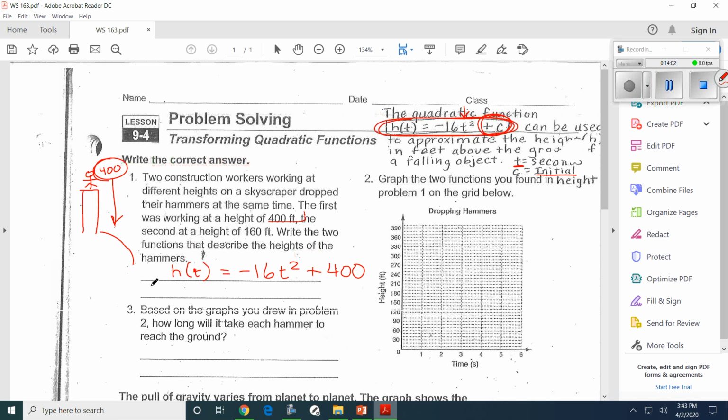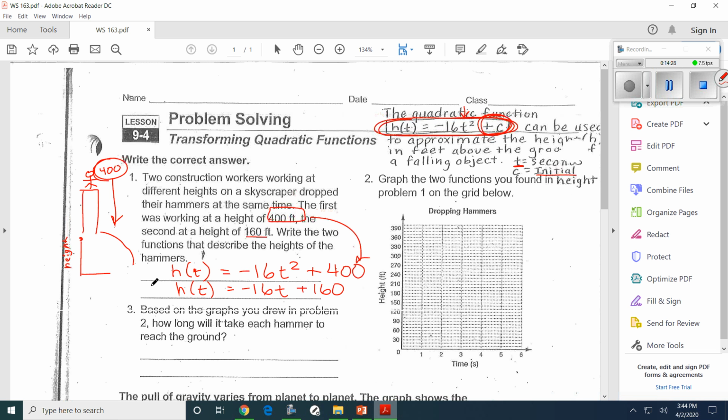So all I did was take his height, and I plugged it into c because that's what c stands for, the initial height. Because if you have a graph, the y-axis would represent the height, and the 400 would be right here where it starts. For the other guy, he was at a height of 160 feet. So again, we have another equation, but all we do is change the initial height to 160.